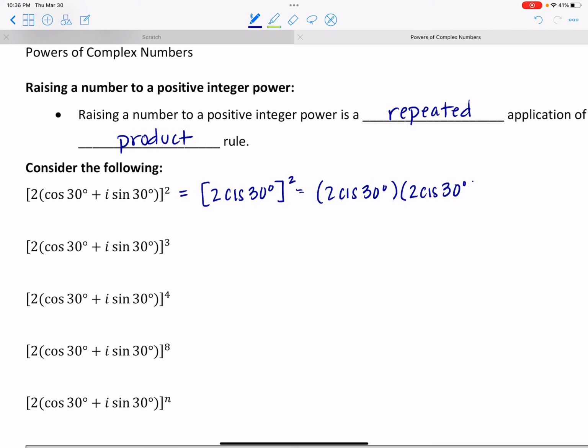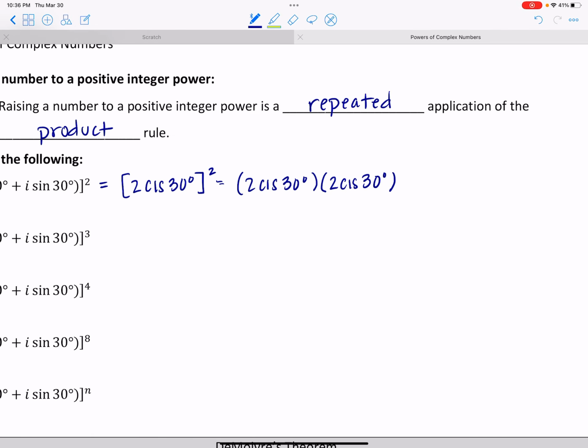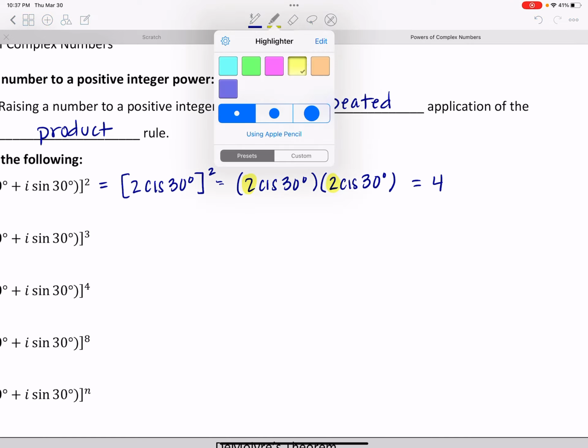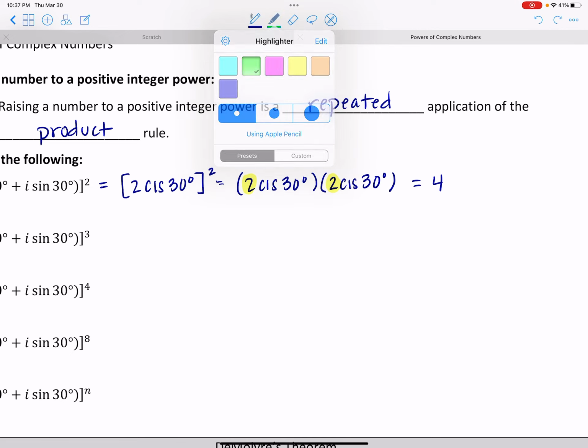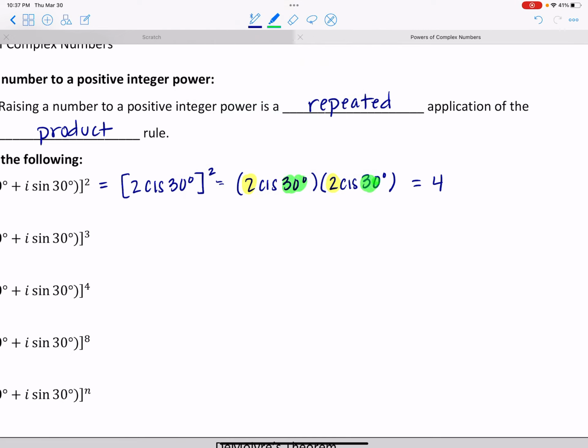And now again, we can apply our product rule. Our product rule says all we have to do is multiply these absolute values. So we have a product of 4, and then we're going to add our angles. We're going to add our angles, so the 30 there and the 30 there means we're looking at 60. So our product becomes 4 cis 60 degrees.